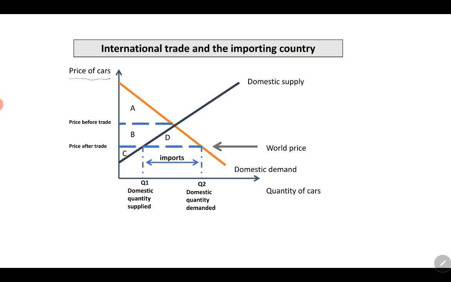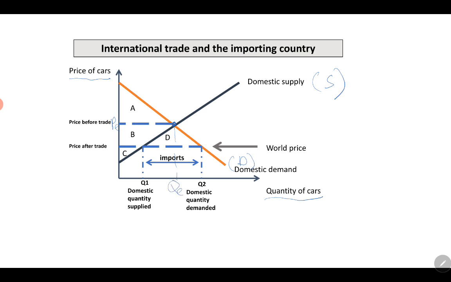We have price of cars, quantity of cars. This is supply and this is your demand. Equilibrium is the price before trade. Let's say price before trade, you can label it as P or PE, and this will be your QE.